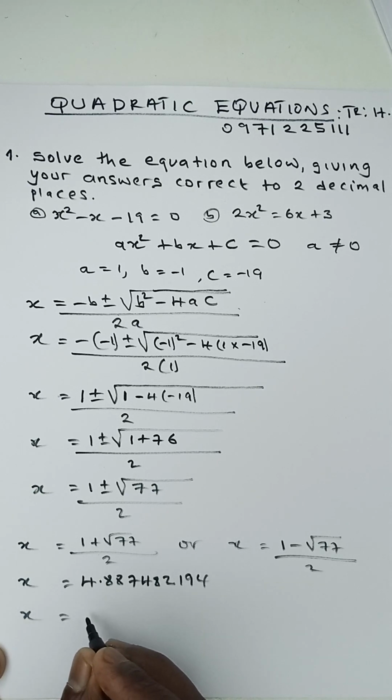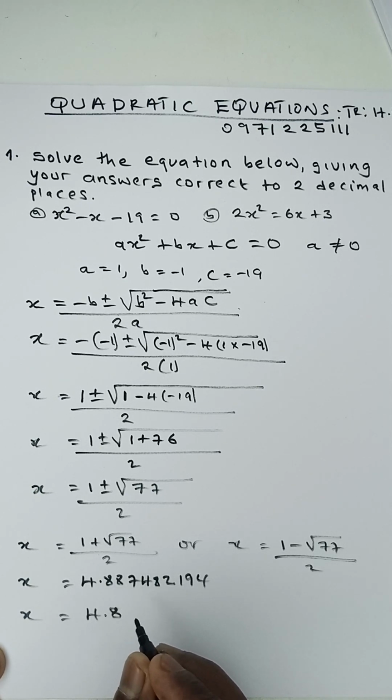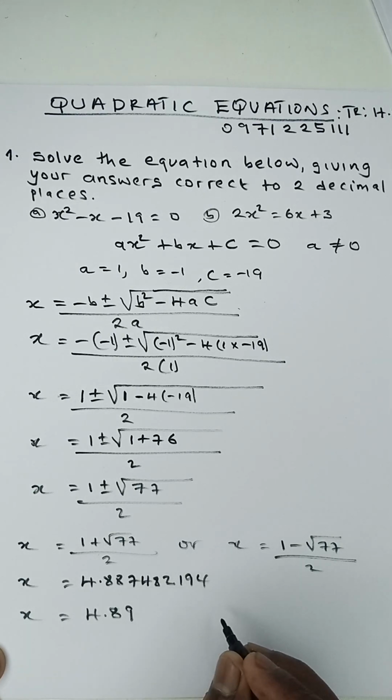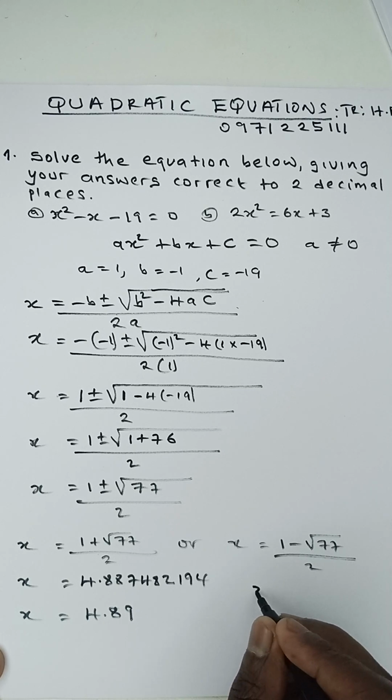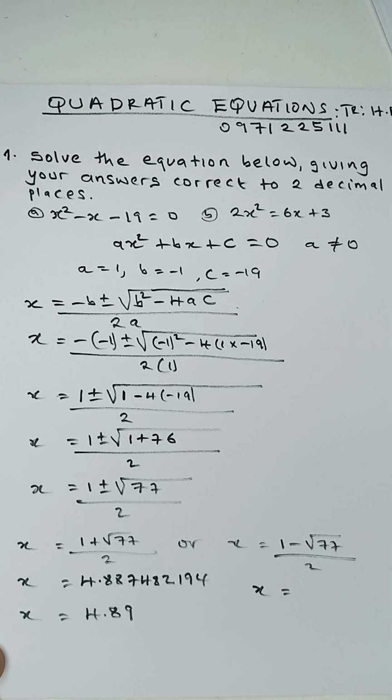And the value for x, rounding it off correct to 2 decimal places, will give me 4.89.